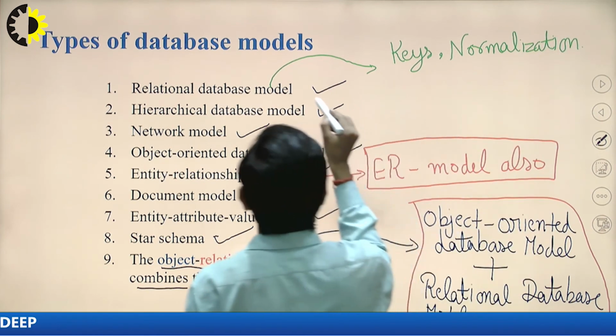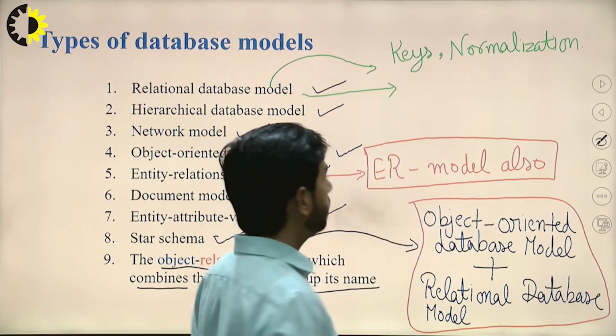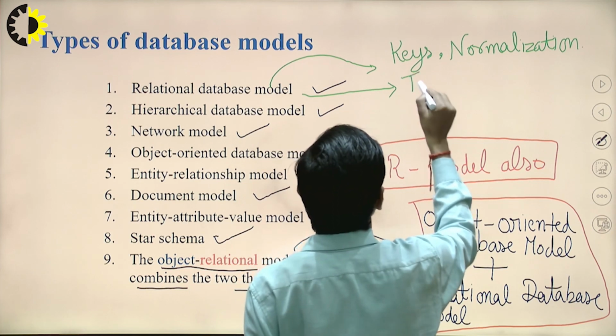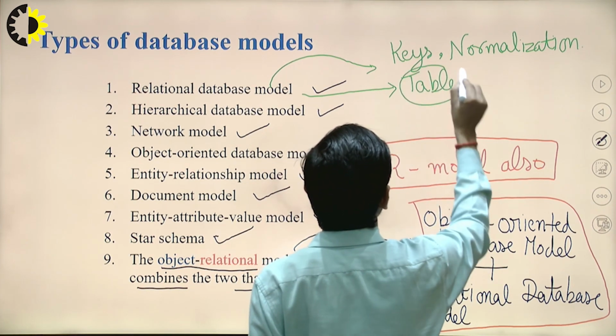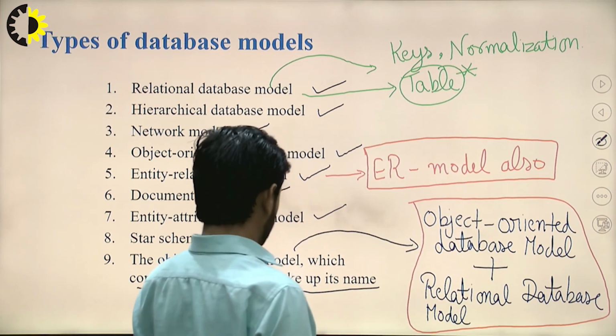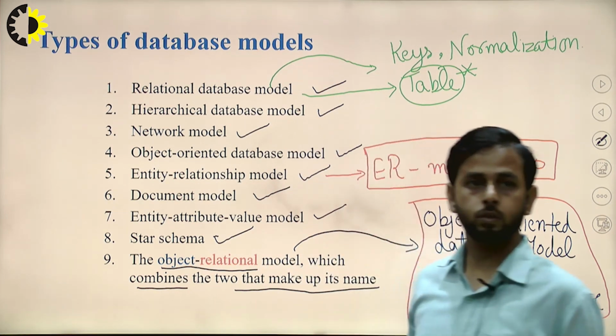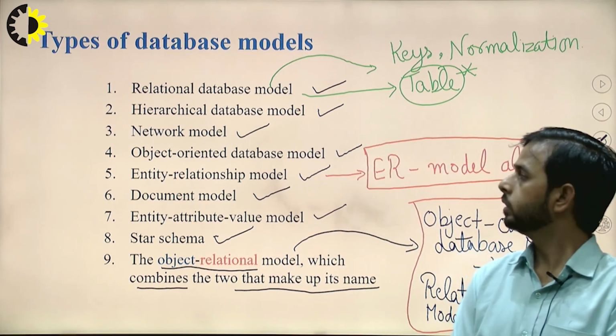Basically, in the relational database model, we store the database in the form of tables. So this is all about the various types of database models.